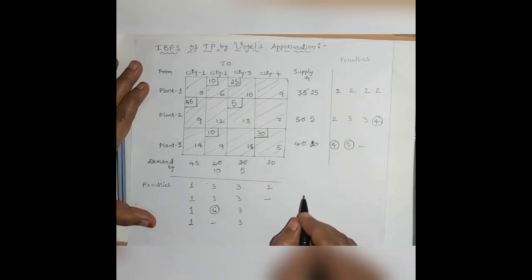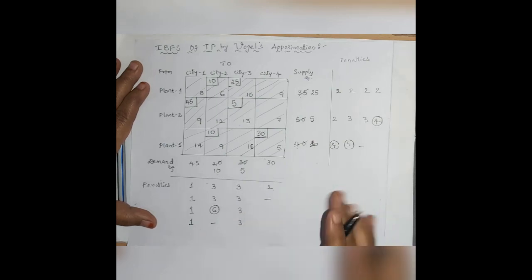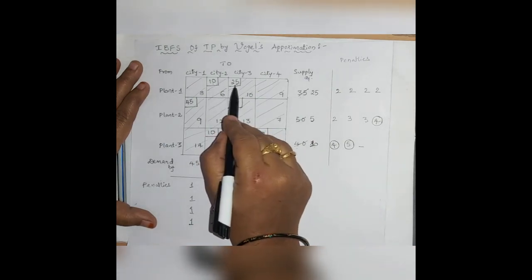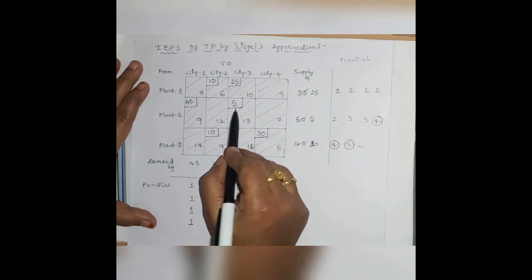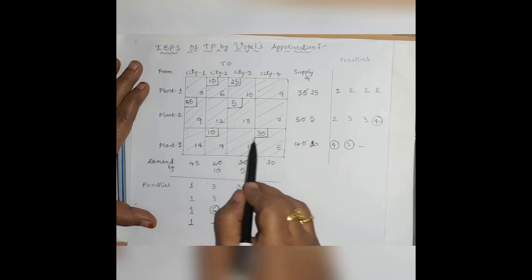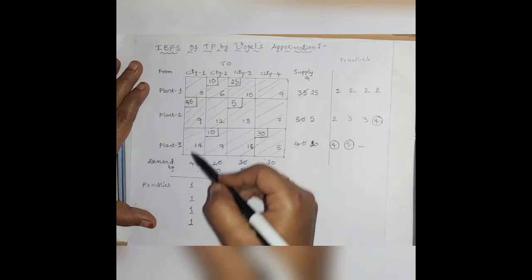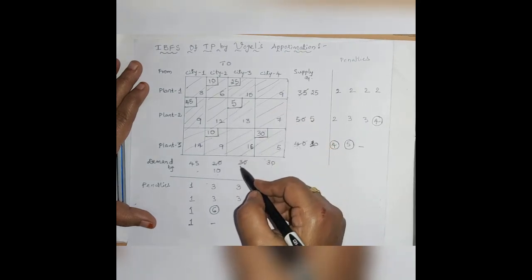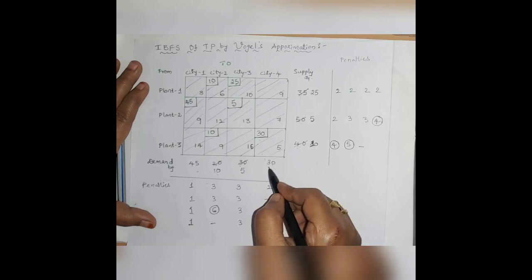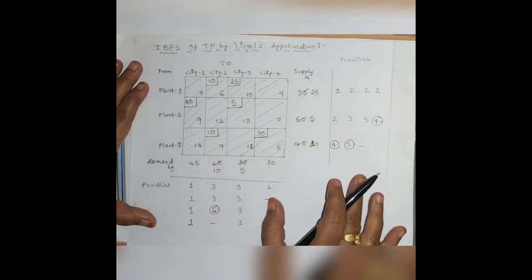So now check your problem whether you have done it correctly or not, whether the supplies and demands are met or not. So you can see that 10 plus 25, the supply is 35, and 45 plus 5, which is 50, 10 plus 30, which is 40. So 45, 10 plus 10, it is 20, 25 plus 5, which is equal to 30. So all the supplies and demands have been equally distributed here.